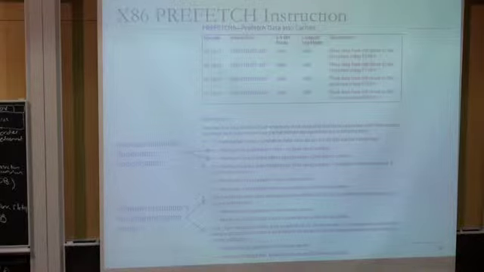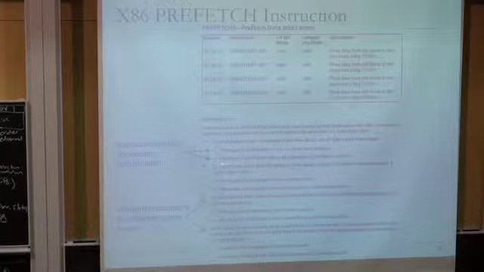It fetches the line of data from memory that contains a byte specified with the source operand to a location in the cache hierarchy specified by a locality hint. If you say prefetch T0, it prefetches data into all levels of the cache hierarchy, right? And this is also actually microarchitecture dependent, apparently. In the Pentium 3 processor, it can be prefetched into first or second level cache. In the Pentium 4 and Intel Xeon processors, it is prefetched into second level cache.